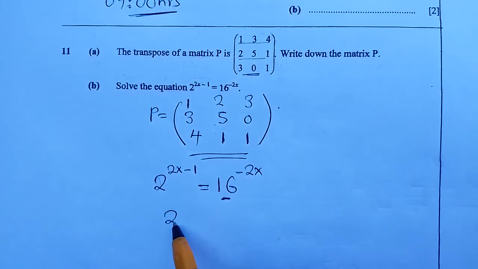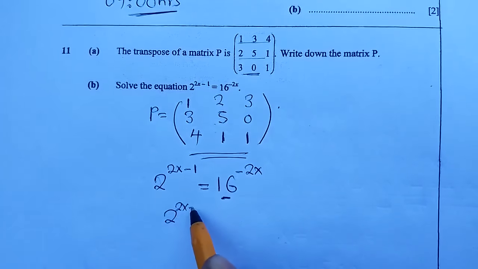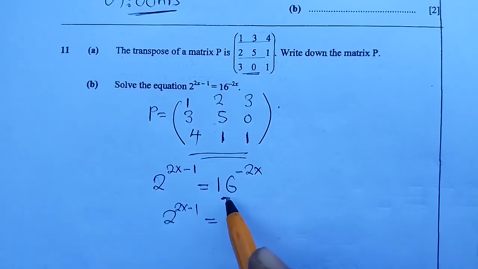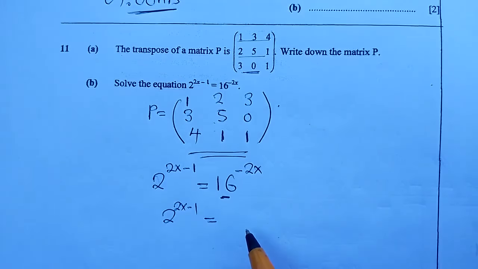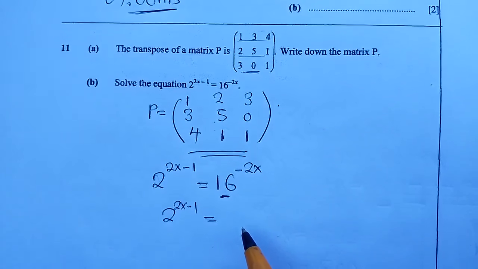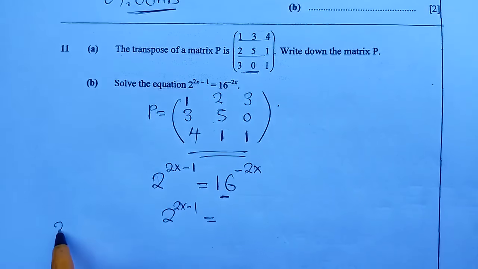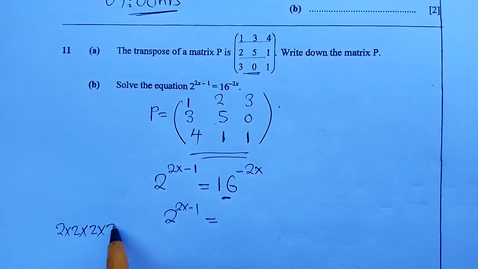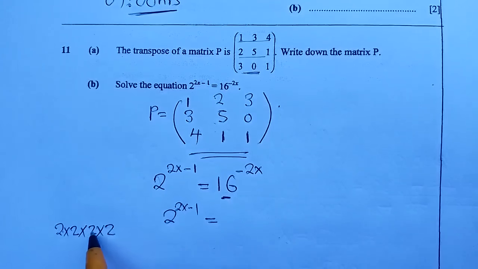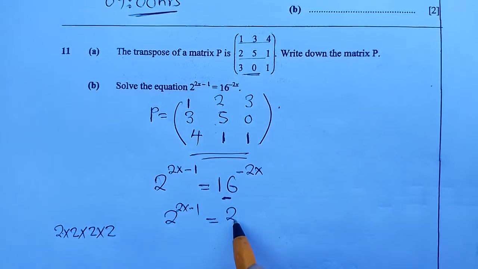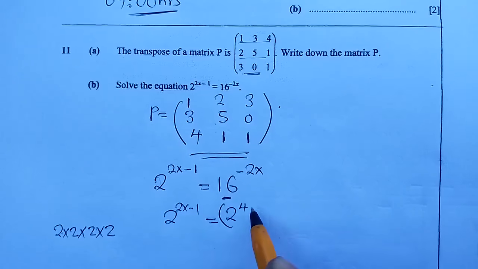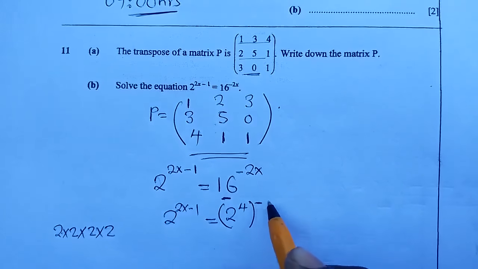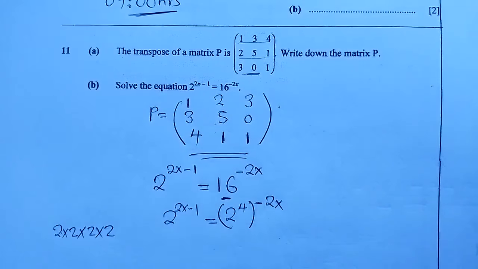So 2 to the power 2x minus 1 is equal to. Putting 16 in base 2, how many times can I multiply 2 to have 16? 2 times 2 is 4, times 2 is 8, times 2 is 16. How many times? 1, 2, 3, 4. So it is 2 to the power 4. Then I put the negative 2x like that.